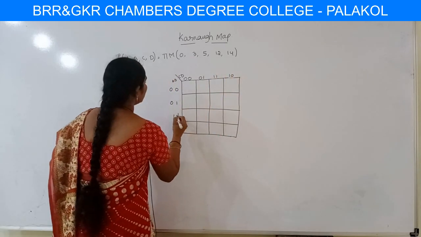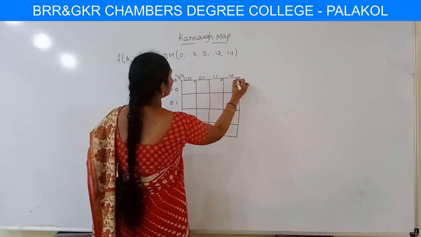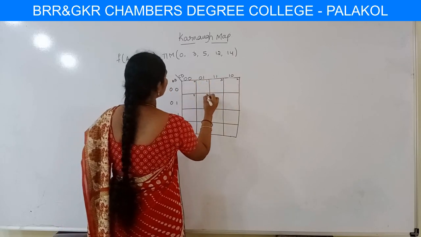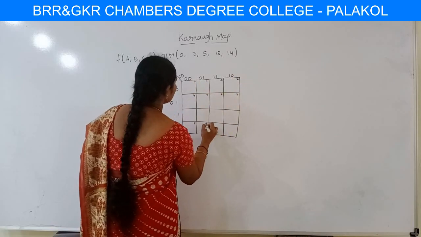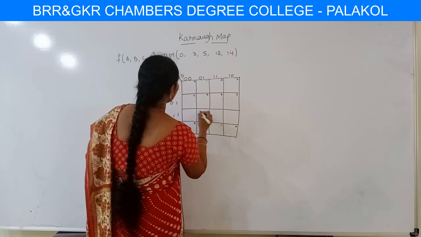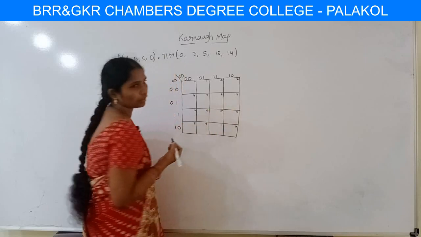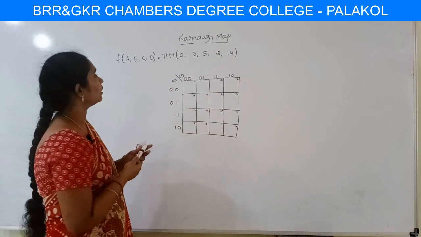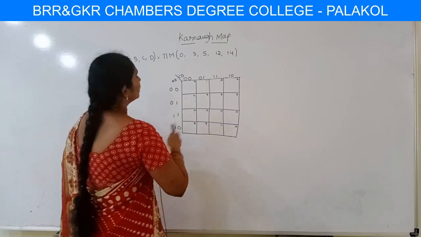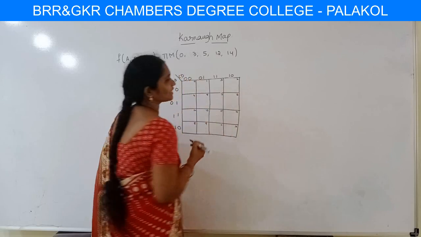Here 0, 1, 3, 2, 4, 5, 7, 6, 8, 9, 10, 11, 12, 13, 14 and 15. So this is the 4 variable K map.